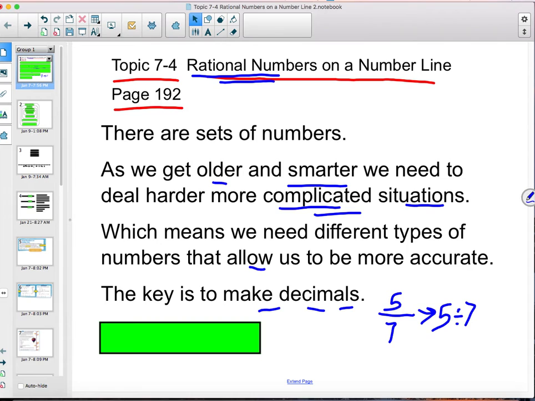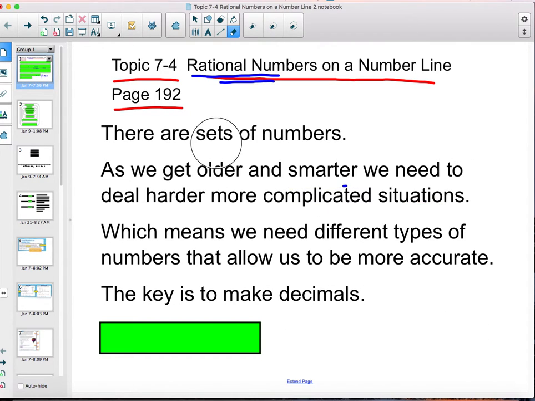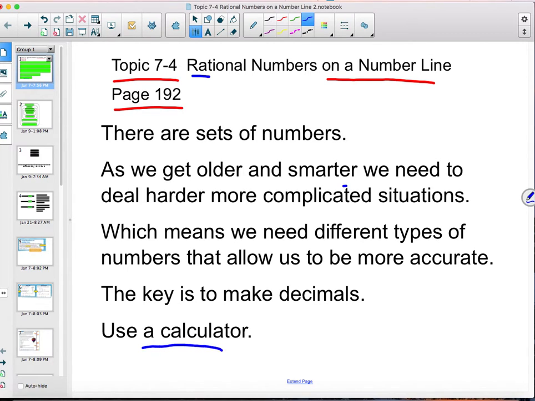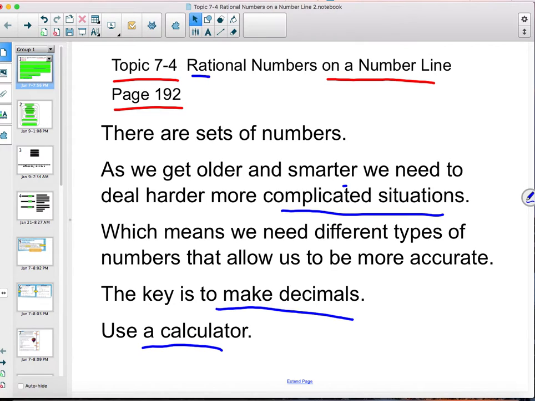So that's the key to dealing with rational numbers, is turning them into decimals or thinking of them as decimals. When you are doing that, you use a calculator. Using a calculator is important because it allows you to do this. So using the calculator is 100% acceptable in this process.